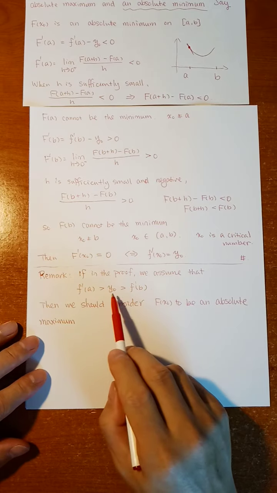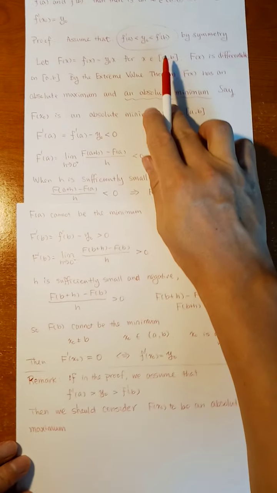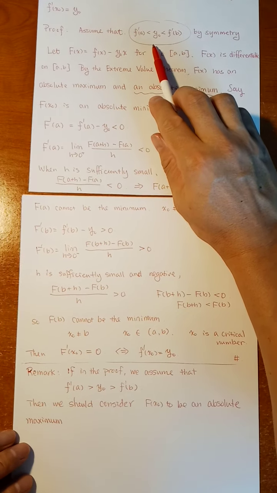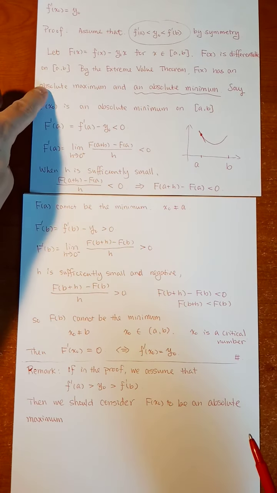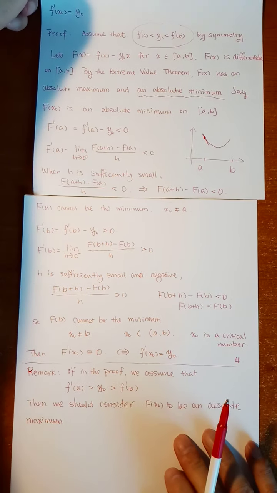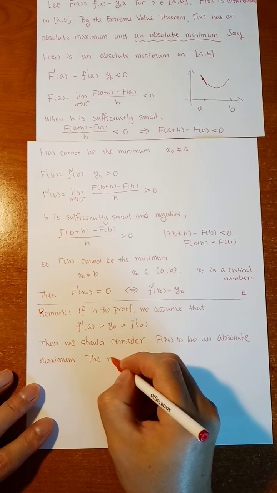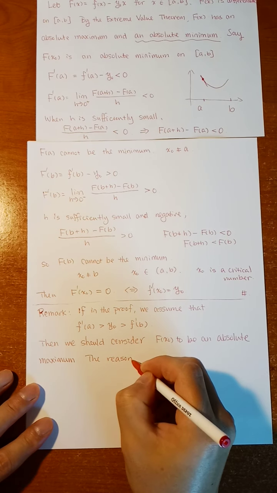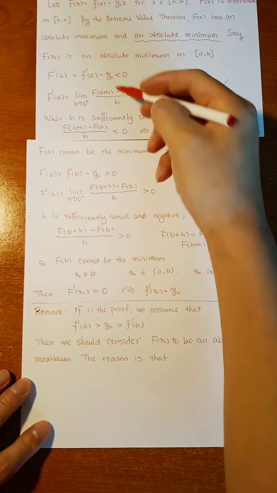So if you have this situation, you change the direction of the inequality, then you're going to see the absolute maximum. That will give you the contradiction. The reason is that you still do the same argument.